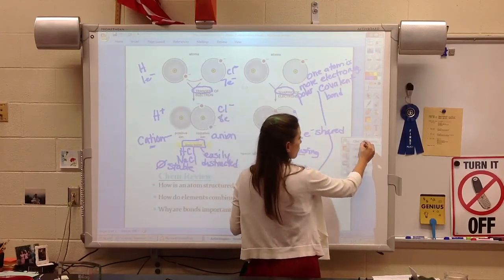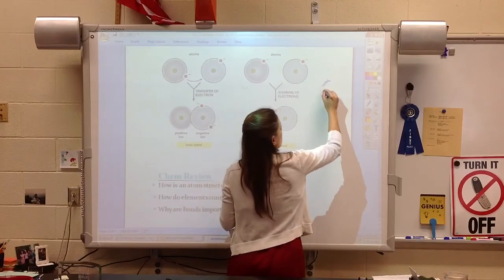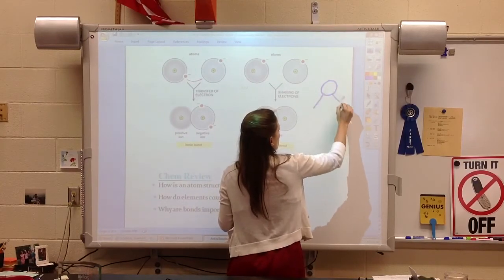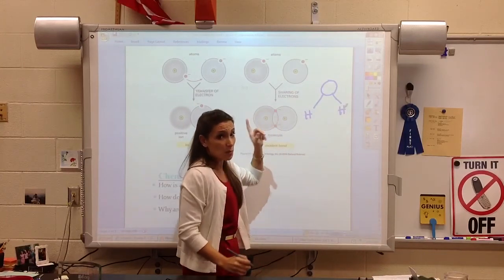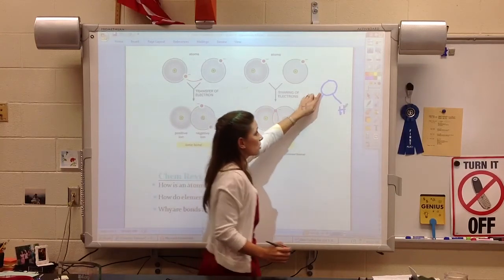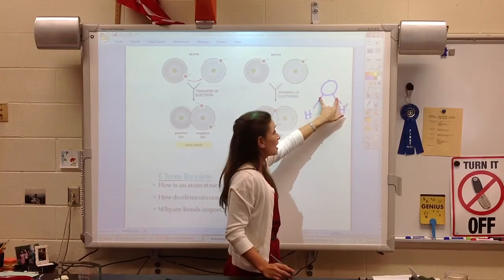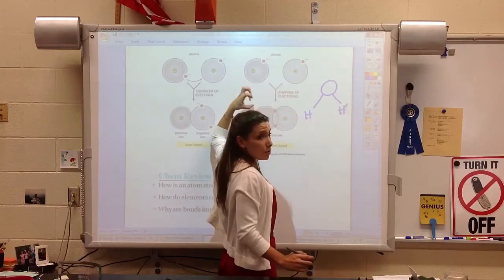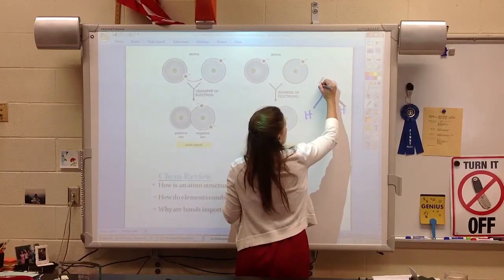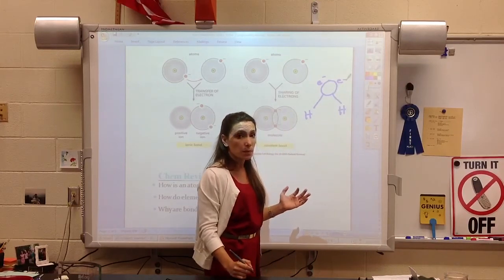And I want to give you a really important example, which is water. So water is H2O. There's our oxygen. Here are our two hydrogens. Our hydrogen, remember, has one electron to share. So these two electrons are being shared with the oxygen. However, oxygen is very electronegative. It's going to really pull those electrons so that the electrons end up spending more time towards the oxygen.